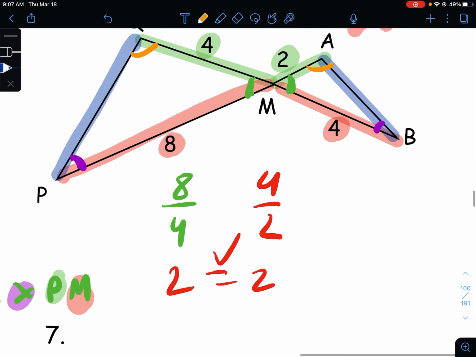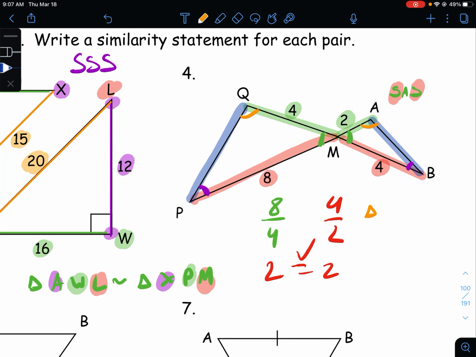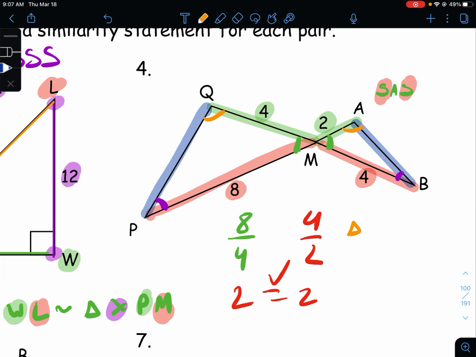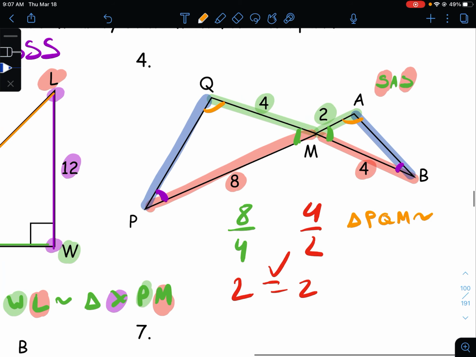So when we write the similarity statement, we need to make sure we put those in the correct order. So we could name the big triangle first. We'll say triangle PQM is similar to, and oh, I'm running out of space. That's okay. Now notice P is this purple guy. He's going to go with B, right? And then Q goes with A, and M goes with M. So BAM.